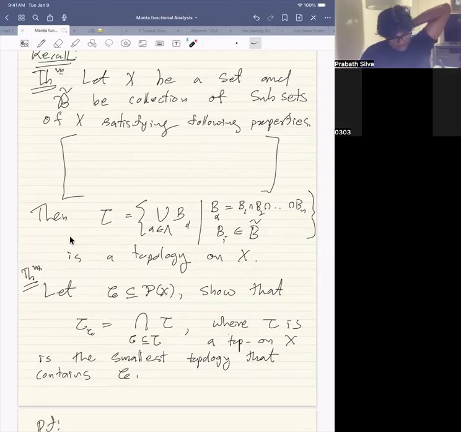We can just go through the proof and add conditions here.